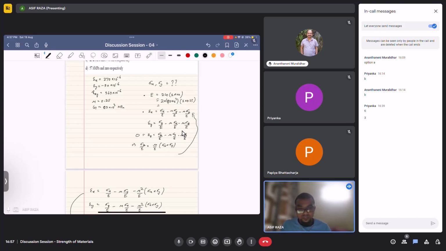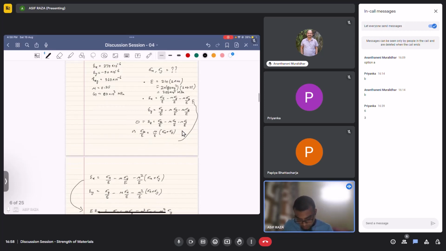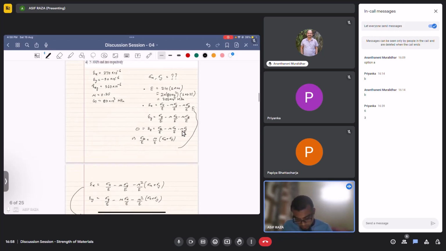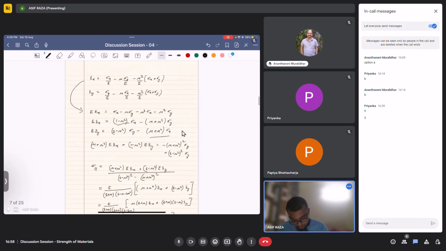So this would be 2 into 80 over 1.25, which is 200 into 10 to the power 3 MPa. Next, epsilon x is 270 and epsilon y is minus 90.